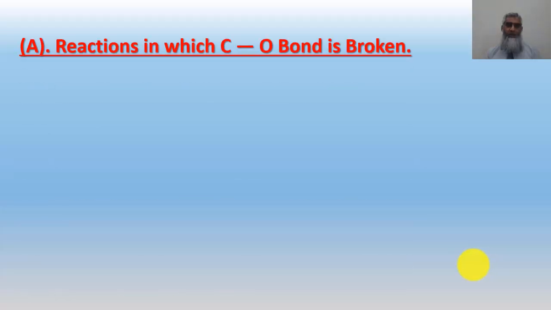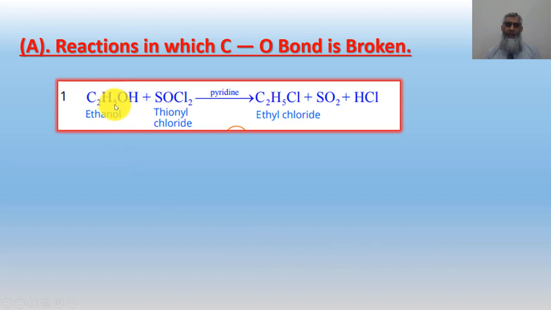Let me give some examples of reactions in which carbon-oxygen bond is broken. The first one is ethanol on reaction with thionyl chloride, SOCl2. This reaction will take place in presence of pyridine as a solvent.